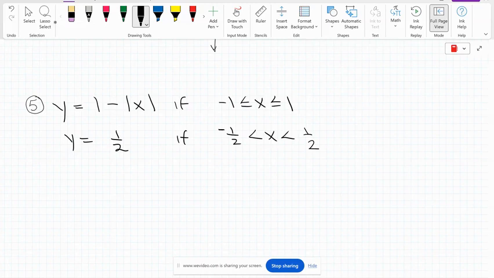So this first one is the same as y equals the negation of the absolute value of x plus 1, if that helps, rewriting it like that.